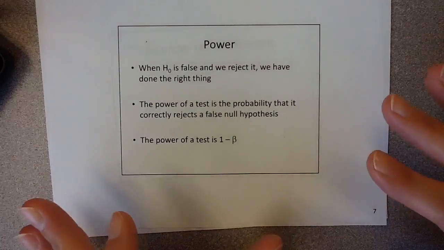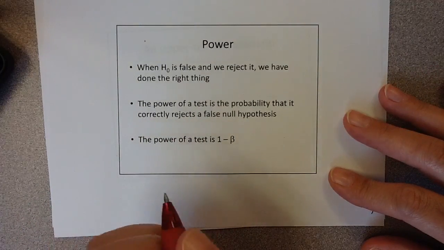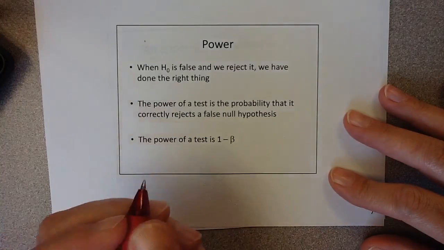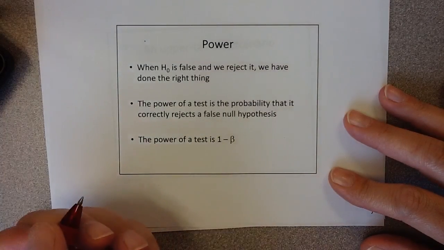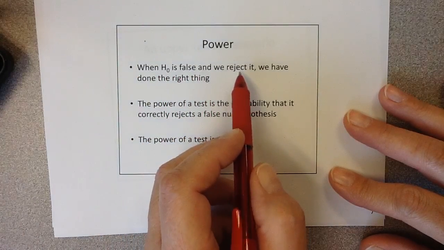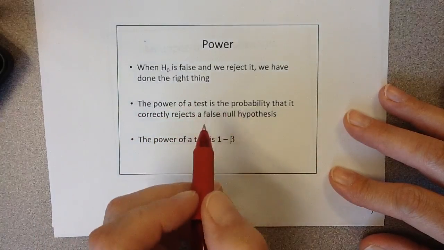One last big piece is something called power. We said before that the whole goal of hypothesis testing was to convict the guilty, to reject the false null hypothesis. So when the null is false and we reject it, that's a correct decision, and the power of the test is the probability of doing that.